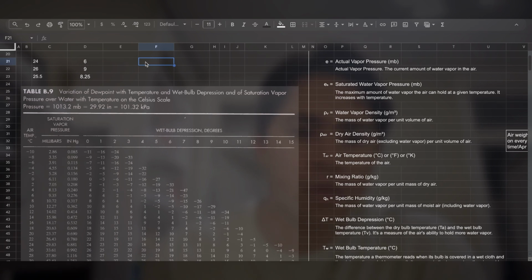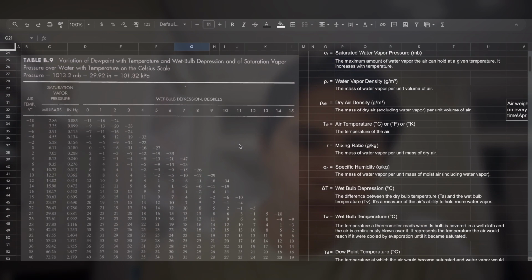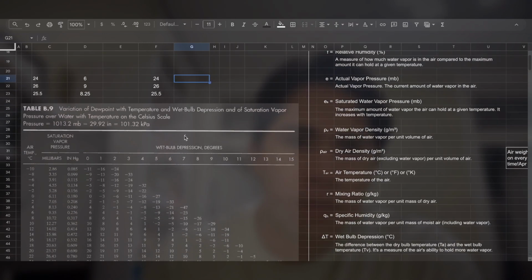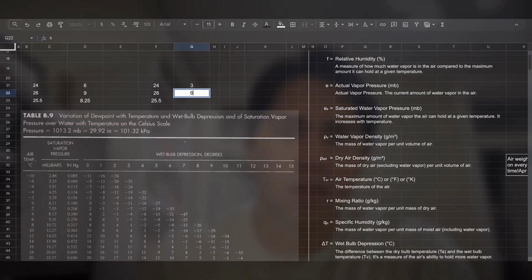Now let's do the same approach: 24, 26, and we're interested in 25.5 for the value of 11. For 11, at 24 it will be 3 and at 26 it will be 6.